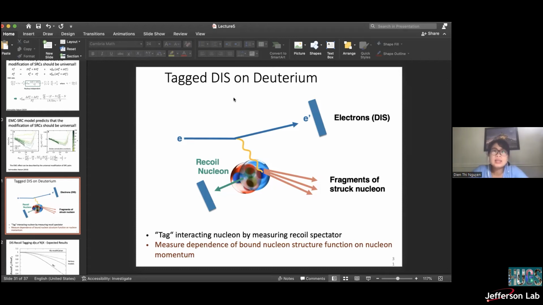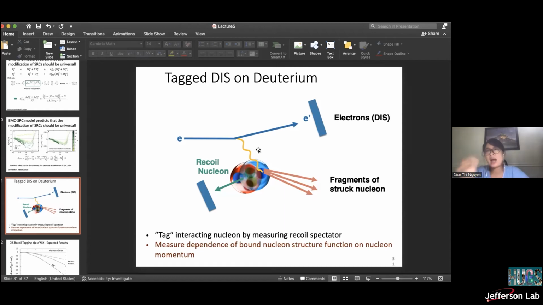Now in tagged DIS, we will detect the recoil particle. On the deuteron, it only has a proton and a neutron, right? So if we are able to detect the recoil particle, we will know which nucleon was struck. For example, if we detect the recoil neutron, we know that the interacting nucleon is the proton.